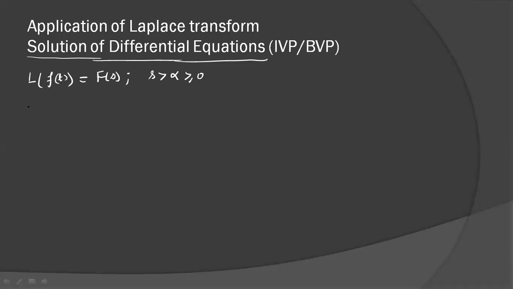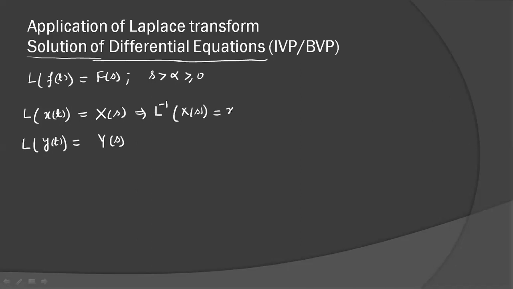Now I'm going to solve the differential equation in variables x and y, so let's introduce some other notation. Laplace of x(t) I am supposing as capital X(s). Laplace of y(t), if the differential equation is in terms of y, then I am supposing Y(s). It means if we take the Laplace inverse of X(s), it will become x(t), and if we take the Laplace inverse of Y(s), it will become y(t).